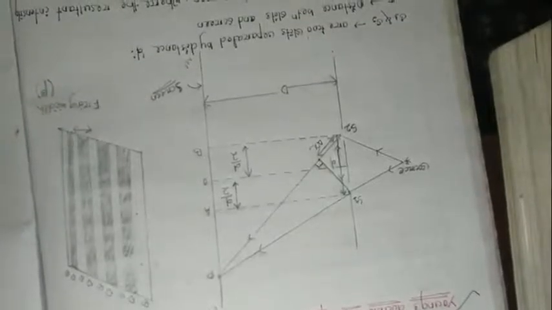So here also, if this is a source and light is an electromagnetic wave, light can be represented by a wave equation. So from S1 to P, a wave is traveling like this.